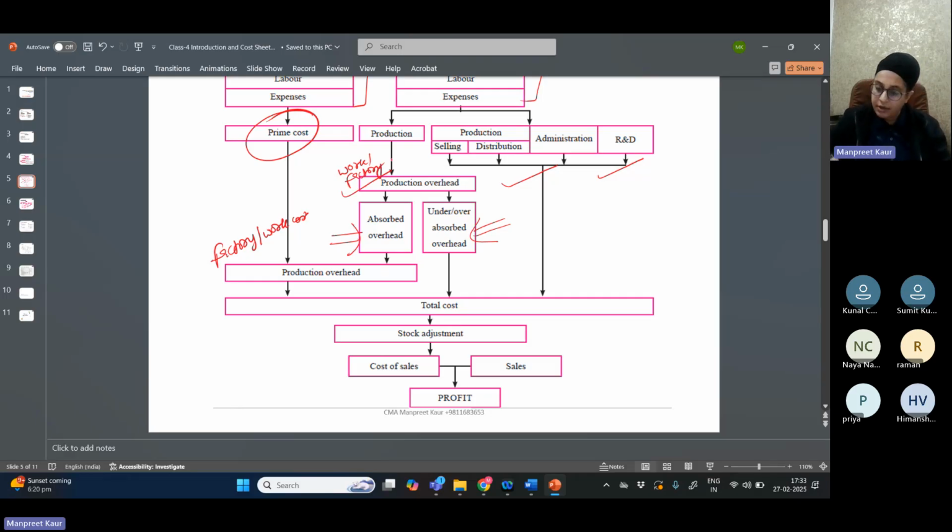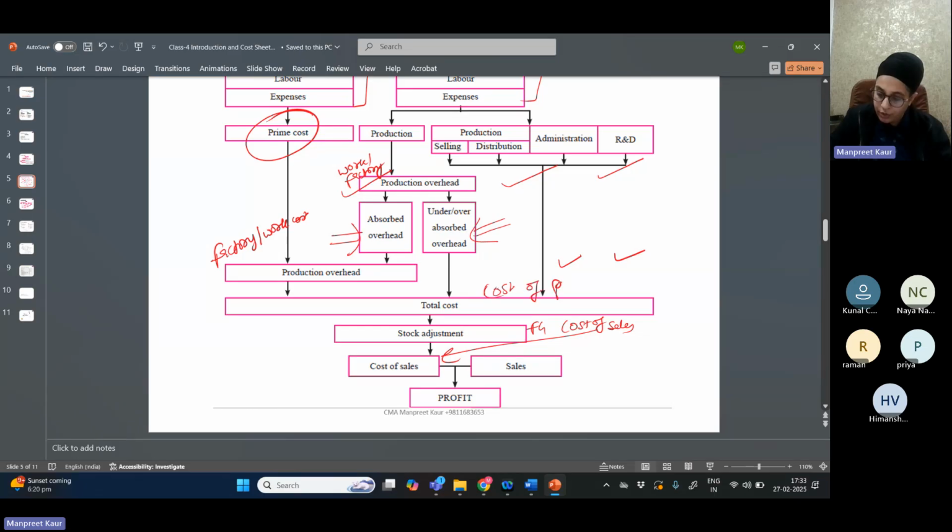Factory cost plus office, admin, and selling, with stock adjustment of FG, is the cost of sales. And here it is the stage of cost of production. The difference between cost of sales and sales is the profit.